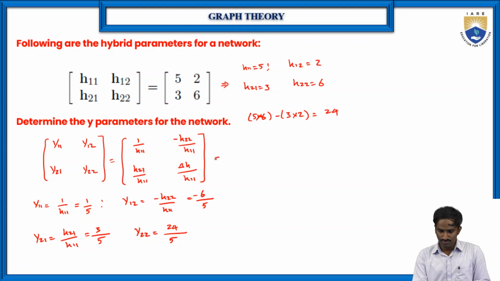Now substitute the values here, and you will get the y parameters. So y11 is 1 by 5, y12 is equal to minus 6 by 5, y21 is equal to 3 by 5, and y22 is equal to 24 by 5.